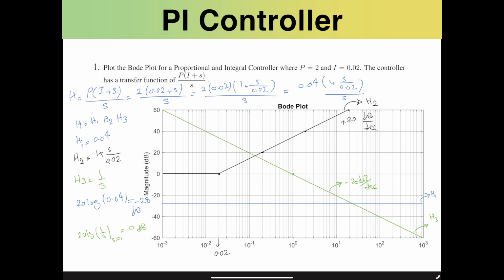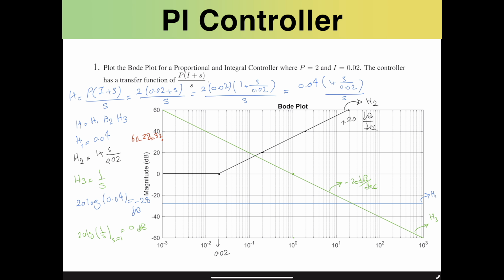And in doing so, we will be left with 32 dB. So 32 dB is where we would need to start. It is essentially 60 minus 28, which is 32 dB.